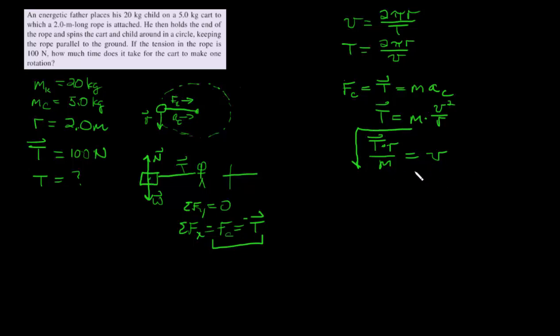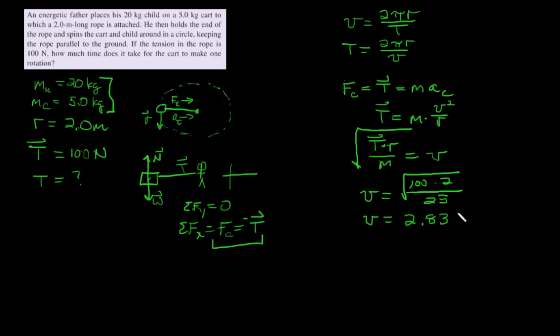Okay, so I can plug in my values. The velocity is going to be the square root of 100 times r, which is 2, divided by the mass. Now the mass here is going to be both of these, so we need to divide by 25 kilograms. And we get a velocity of about 2.83.